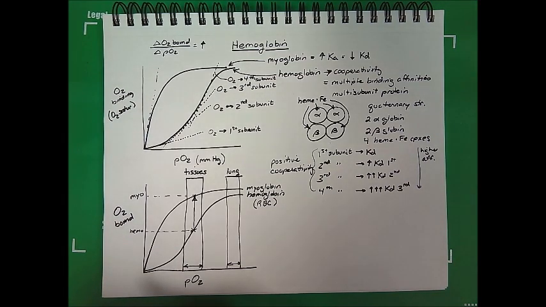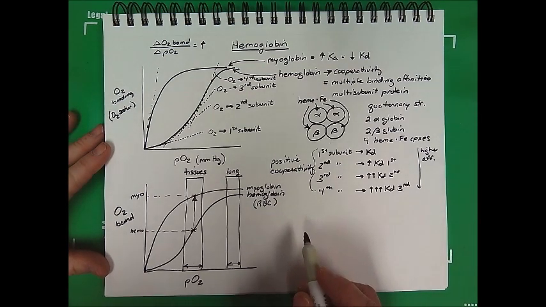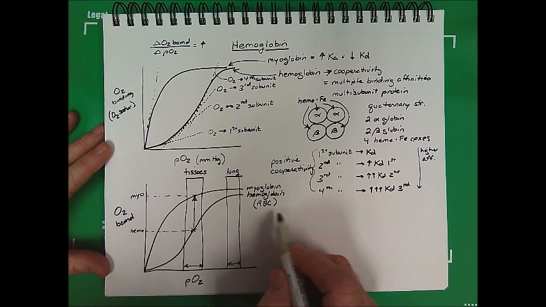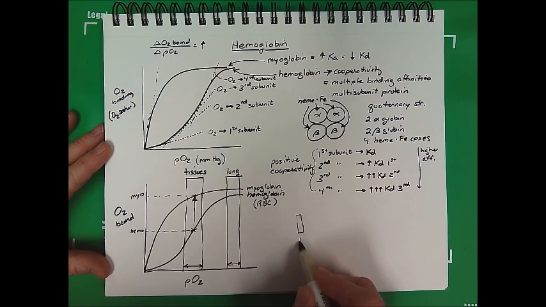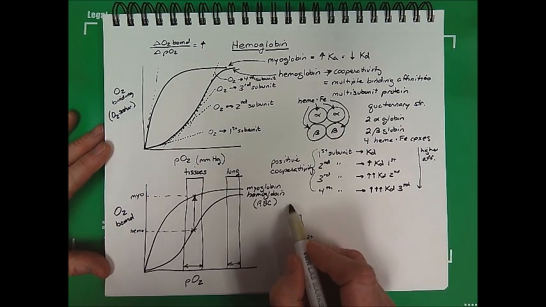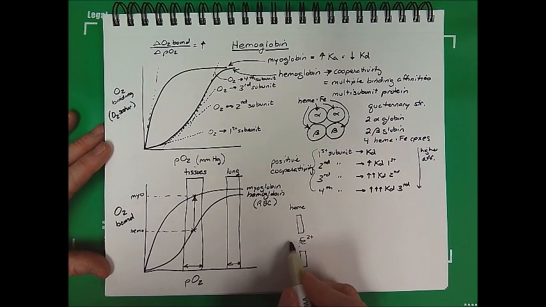Now, structurally and functionally, how does this cooperativity work? The way I like to think about this is looking at this on the side like we did with myoglobin. Here's our heme structure on its side, 90 degrees.